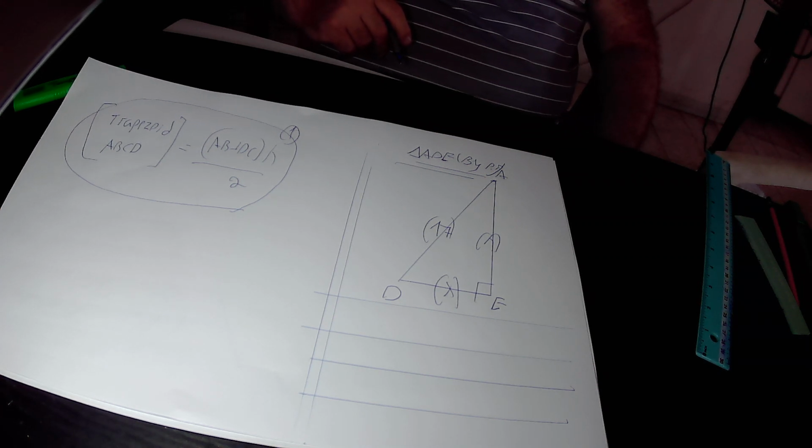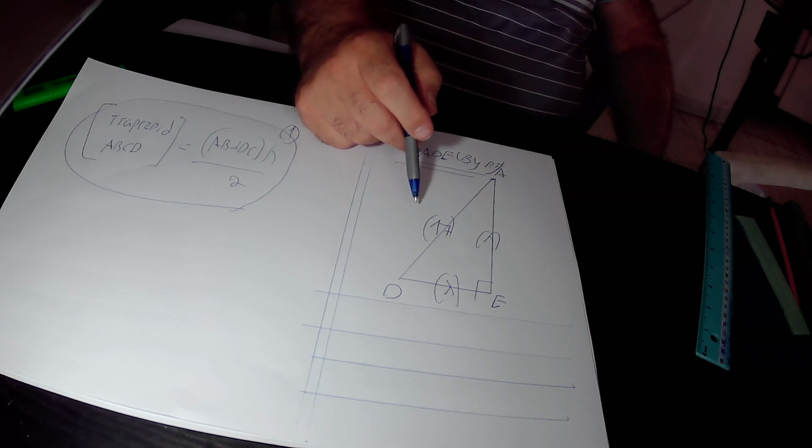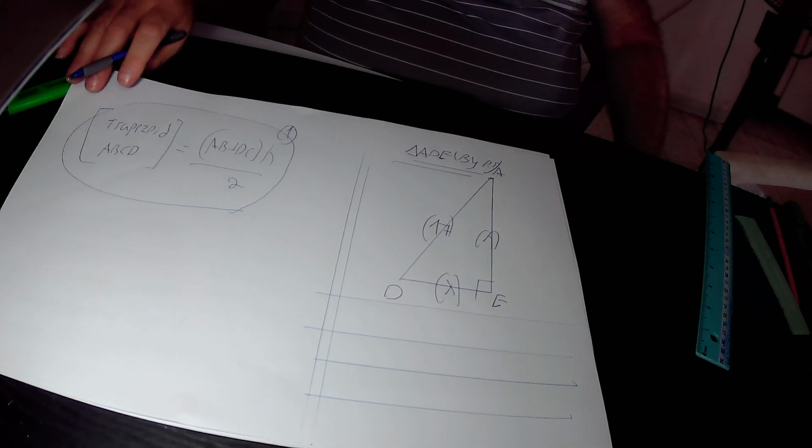According to the Pythagoras theorem, in this right triangle ADE, AD squared, the square of the hypotenuse, equals AE squared plus DE squared. So I write it down.